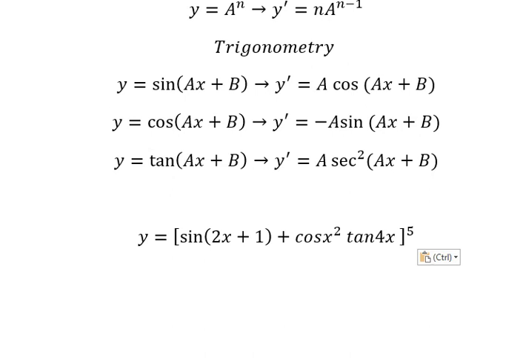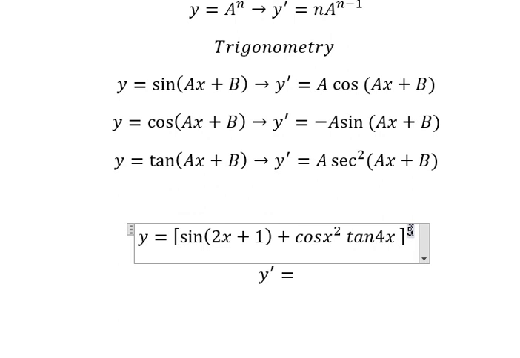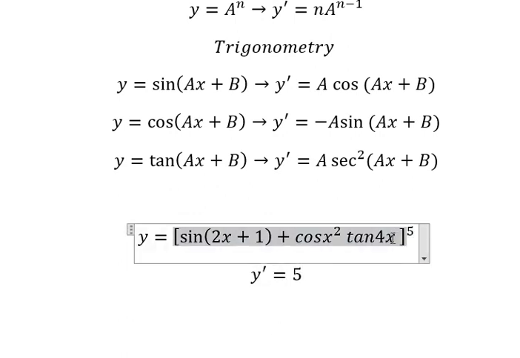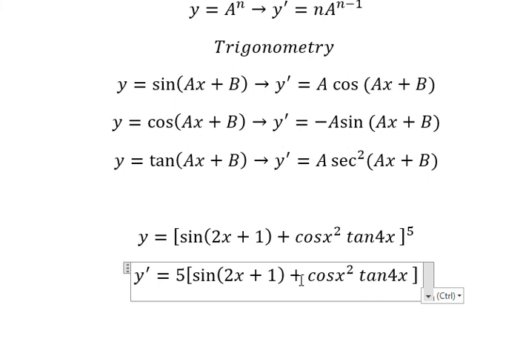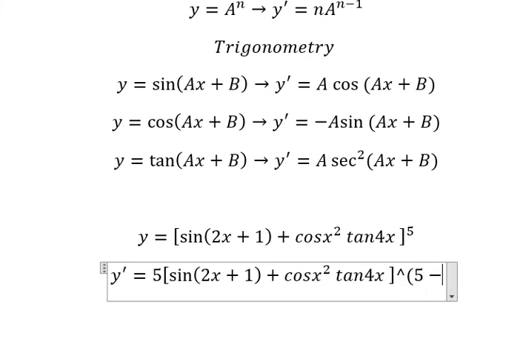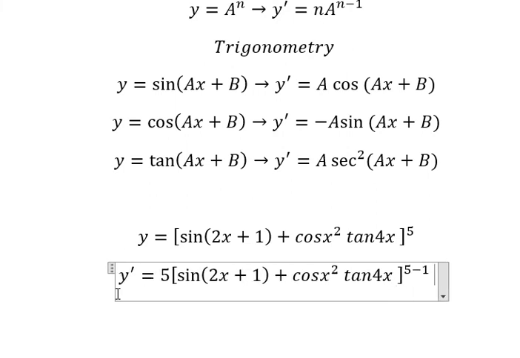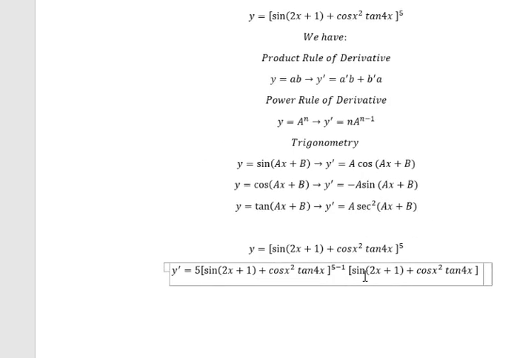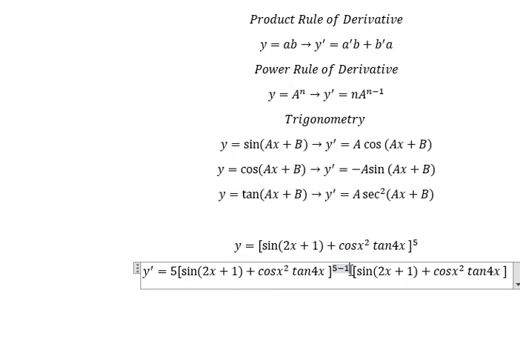So we applied the power rule in here. So number 5 in here, we put in here. And this one, we keep the same, and we have 5 minus 1. Later that, we continue doing first derivative in here. So 5 minus 1, we have number 4.